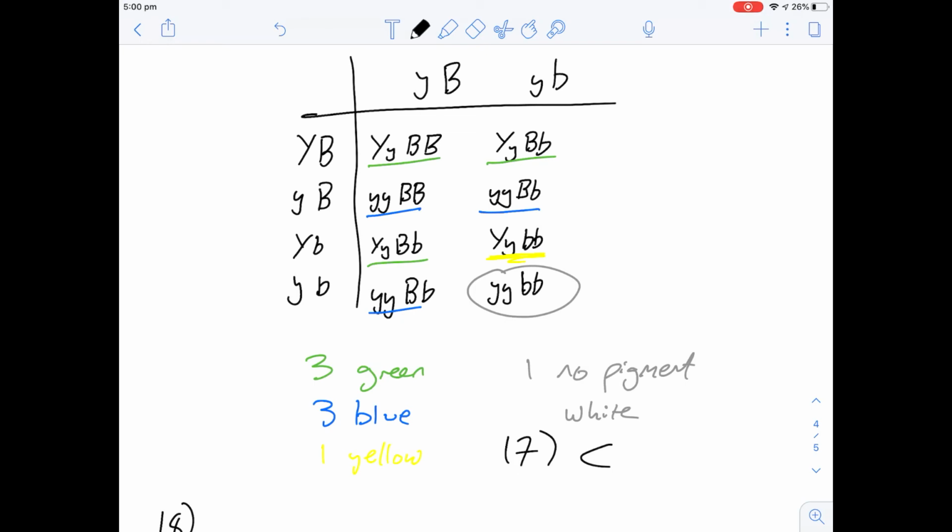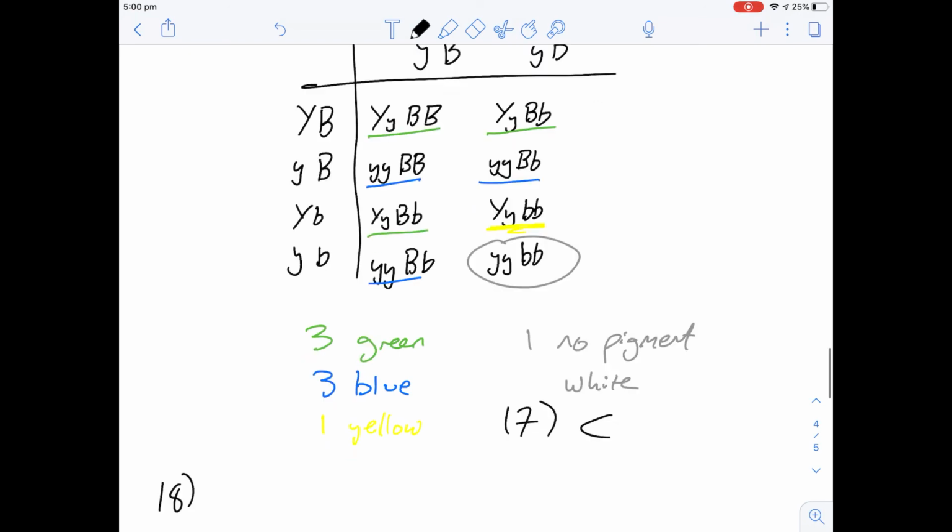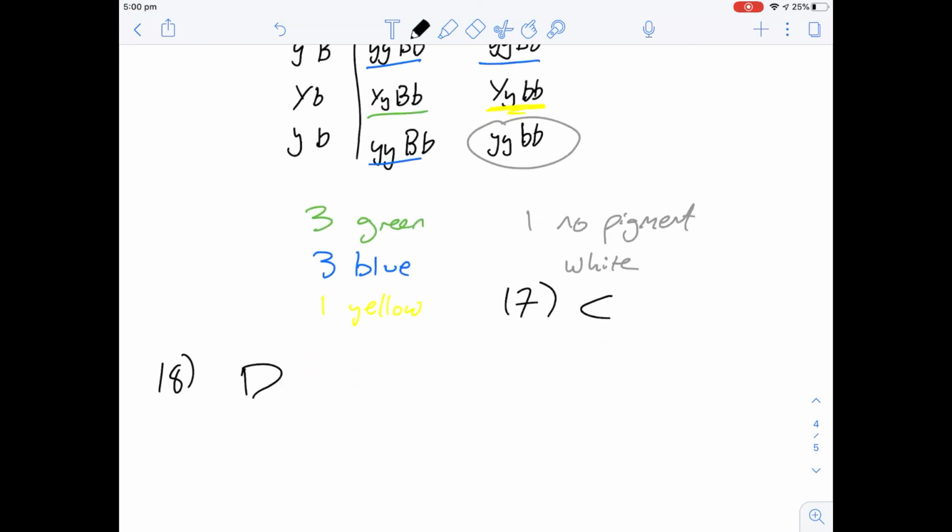Just because they're non-identical, it means they could be non-identical for another gene. And because there's lots of different ways of having a particular characteristic, they could indeed have the same phenotype. Now, for them to have the same genotype as one parent, it means that the other parent would have to have a complementary genotype to deal with that. It is completely possible. So the answer for this one is going to be D.